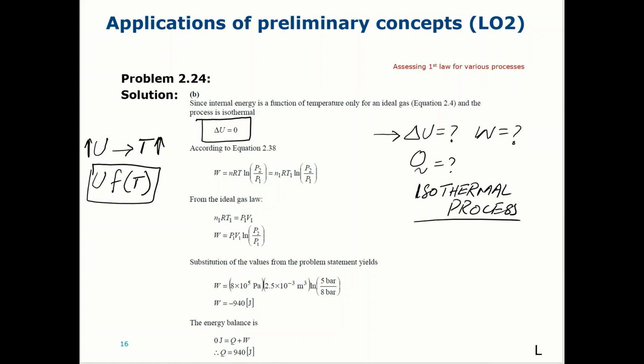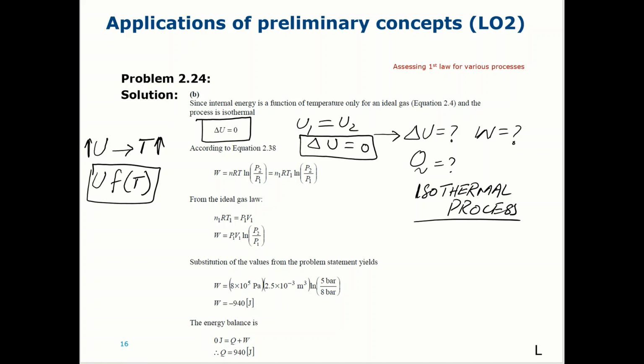If temperature is changing, internal energy is changing. And if temperature is not changing, as is the case of isothermal process, that means internal energy is not changing. So U1 is equal to U2, and that means delta U is equal to 0, right? So this is the explanation. One part of part B is done.